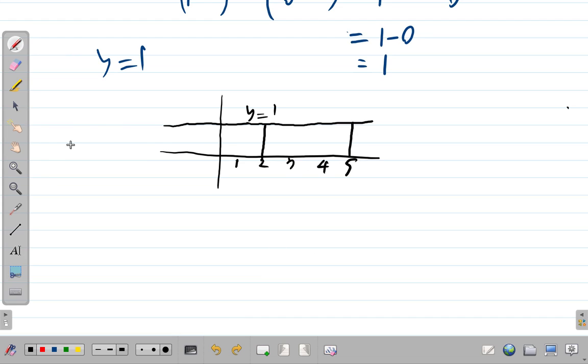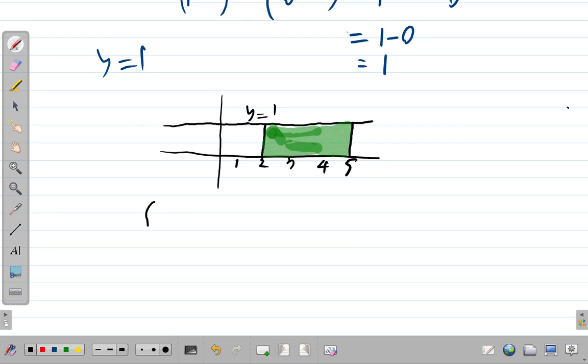It forms a rectangle. So the area that we want to calculate, let me shade it. Since this area is 3 wide and 1 high, it should be 3 square units.